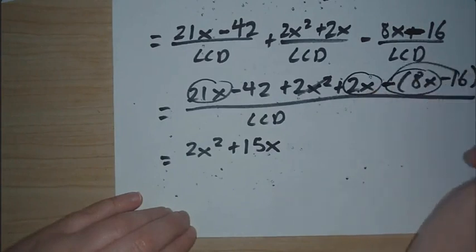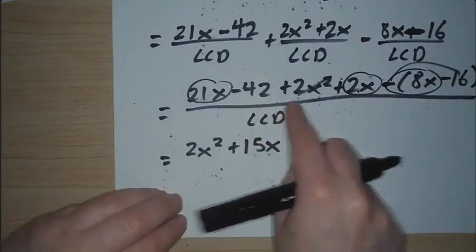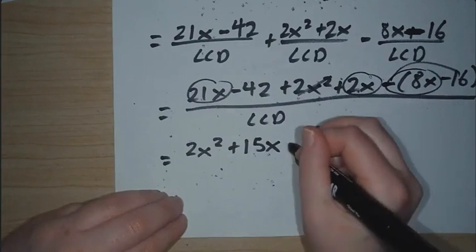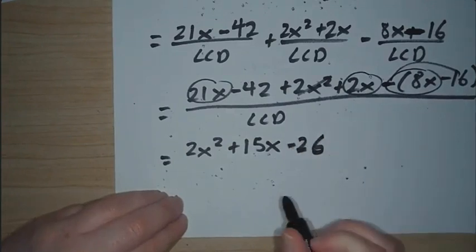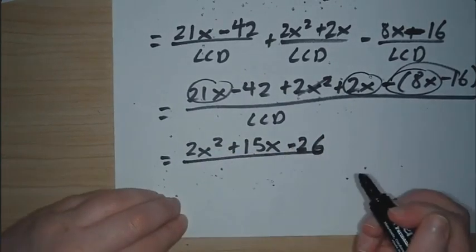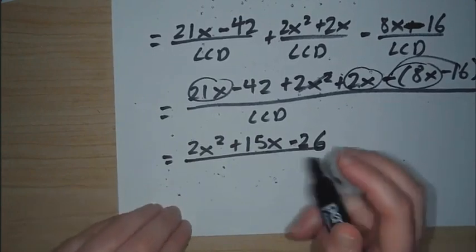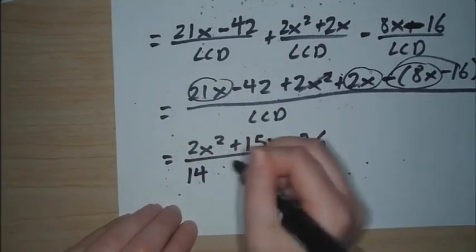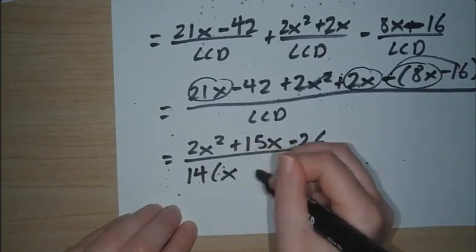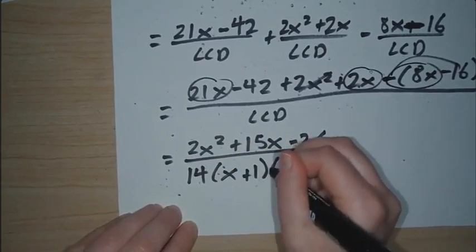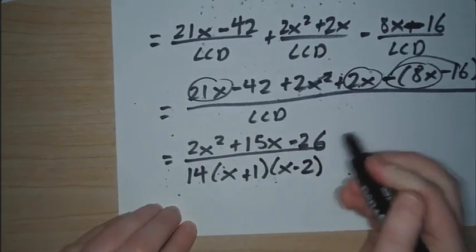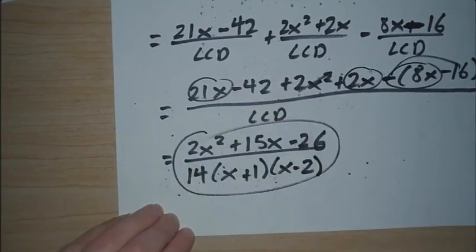Remember this negative distributes, that's a plus 16. So negative 42 plus 16 will be negative 26. This is all over LCD, which I will write now as 14 times x plus 1 times x minus 2. And this fraction does not simplify.